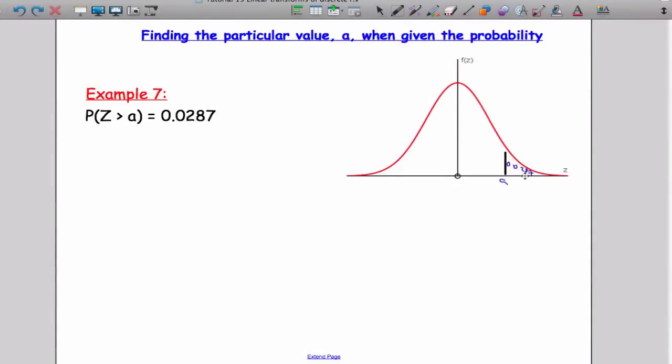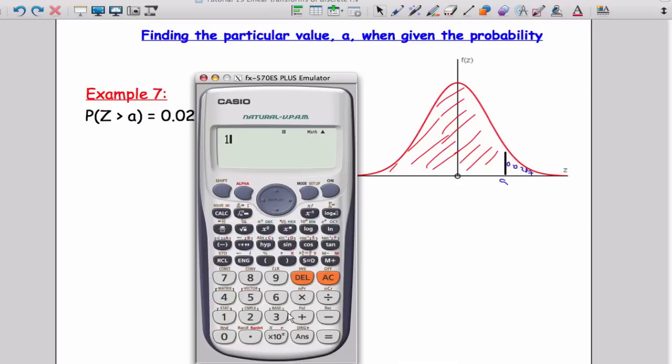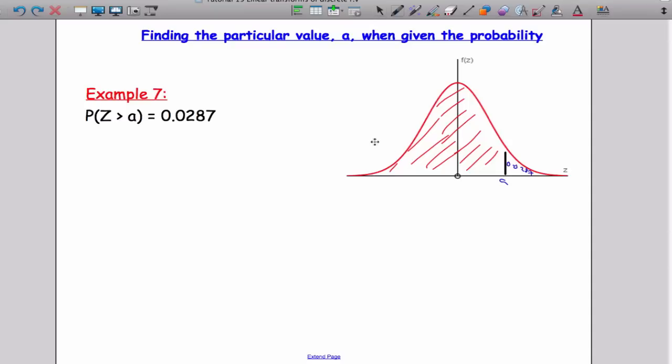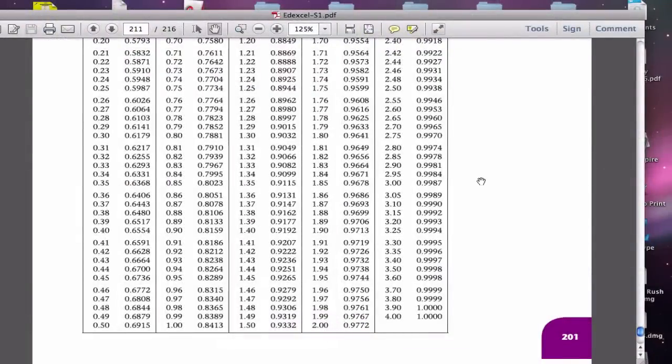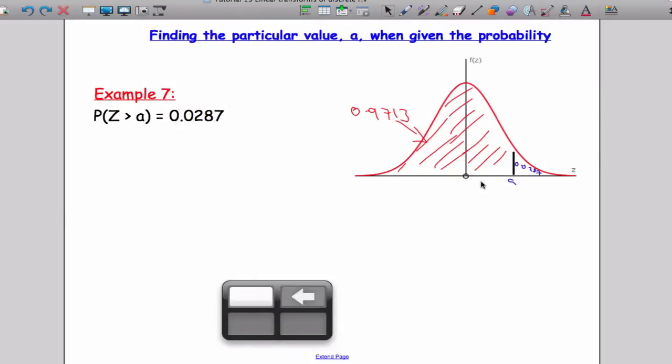If that is 0.0287, then I can work out what everything here is. So, if I do 1 minus 0.0287, that gives me 0.9713. So I know that this section here is 0.9713. Now I will be able to use my tables to find this out because the probability is greater than 0.5. Let's go back to our table. The value is 0.9713.